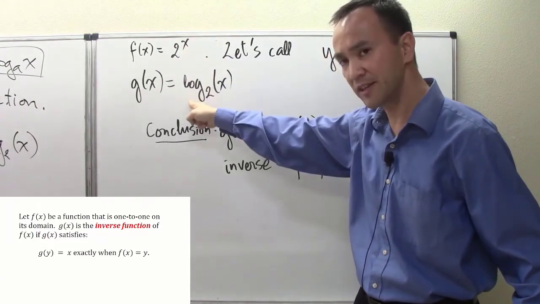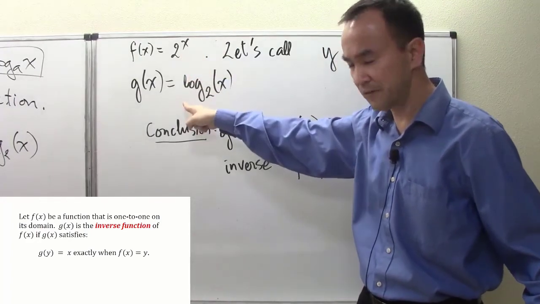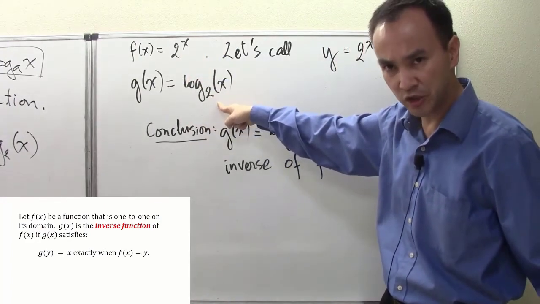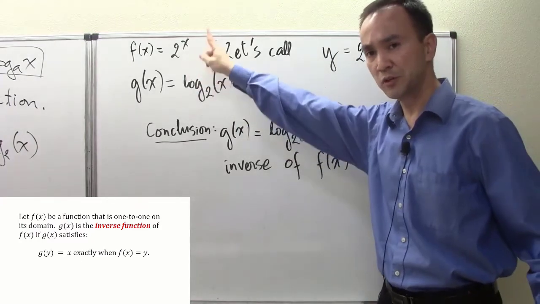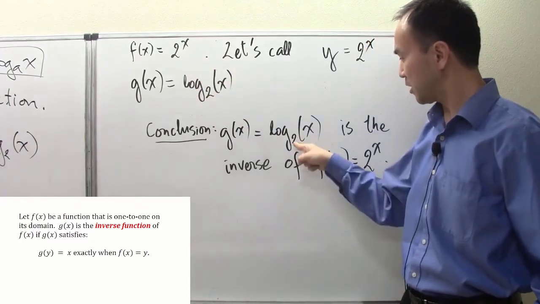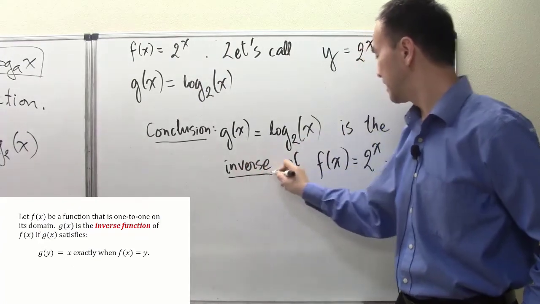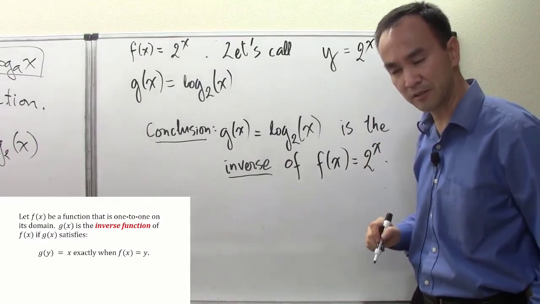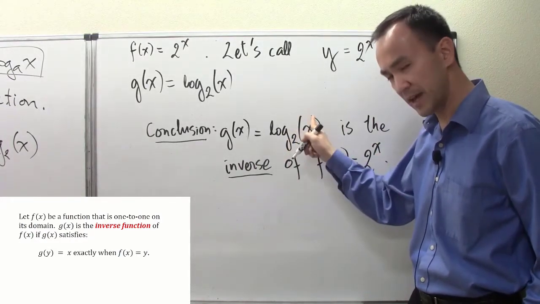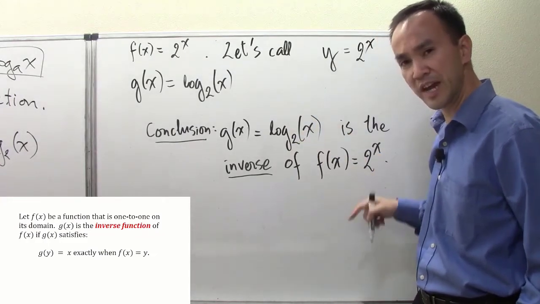This is a logarithm function. The exponential function is base 2. The logarithm function is in base 2 specifically. Now look at the relationship between these 2 functions right here. Log base 2 of x is exactly the inverse of base 2 raised to the x power.